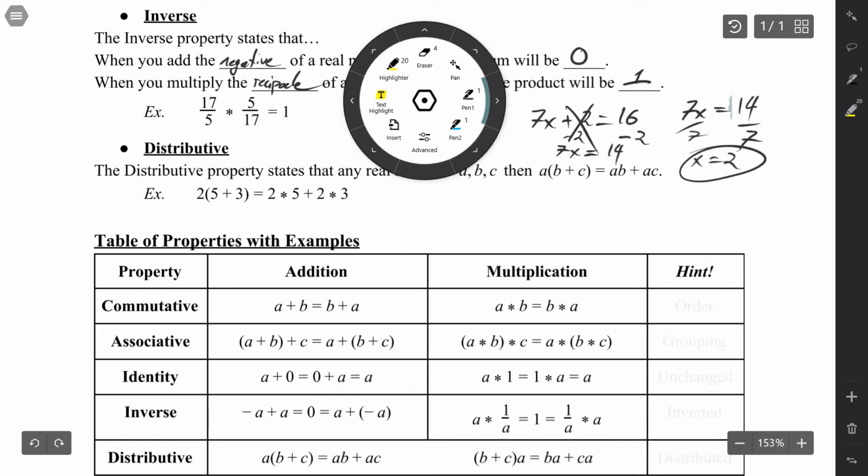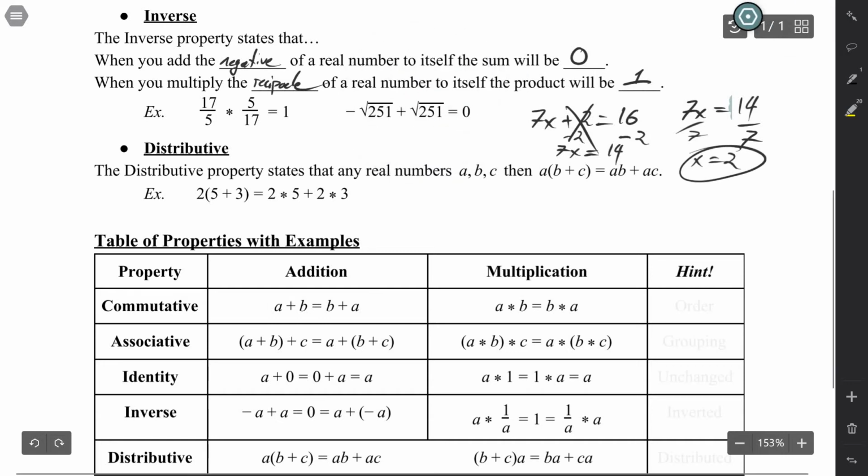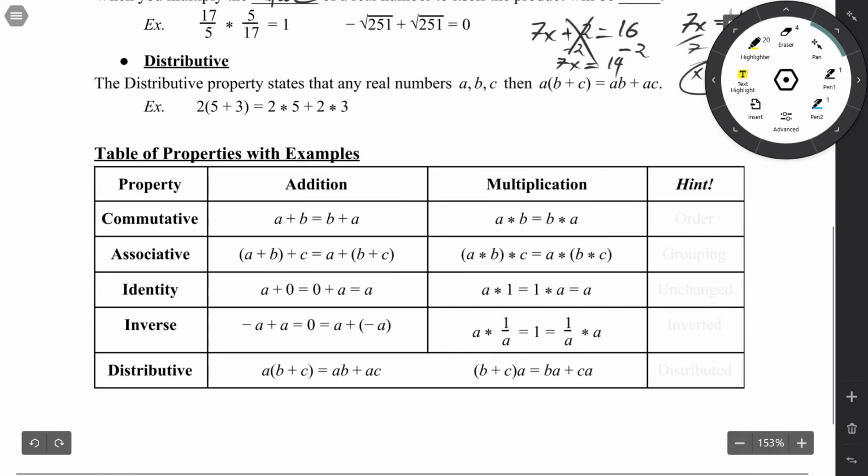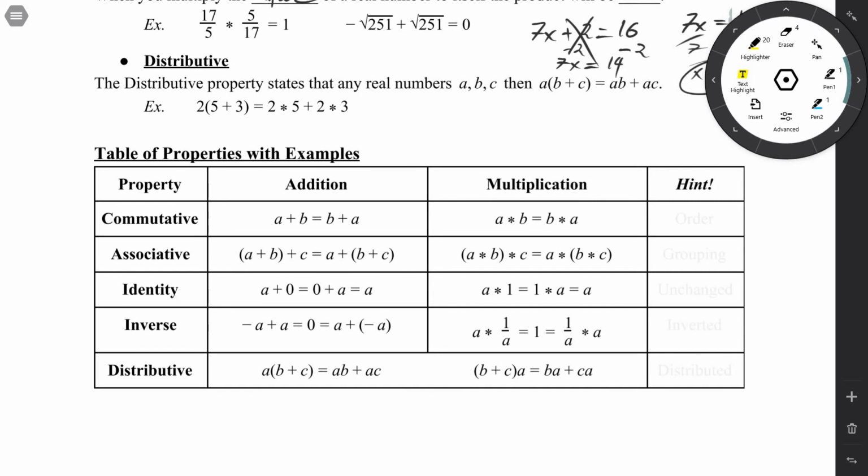So the inverse property is, I think, the most used property in all of algebra because it really helps us get things a little bit more simple. I think the second most used property is the distributive property. The distributive property states that when any real numbers, and just as an example here, a, b, and c, then a times the sum of b plus c equals the product of ab plus the product of ac.